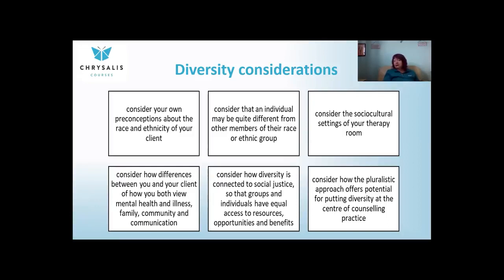And we need to consider how the pluralistic approach offers potential for putting diversity at the centre of the counselling practice. So the pluralistic approach proposes that we tailor therapy to each individual client and their needs at different stages of therapy. So a diversity perspective will mean that we also highlight the importance of the client's culture and their perspective.